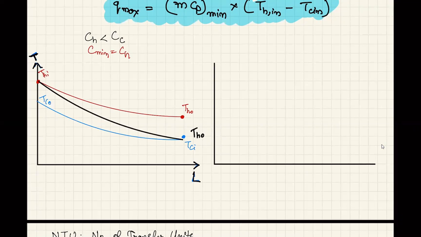see it mathematically. So the second case is when CH is greater than CC.